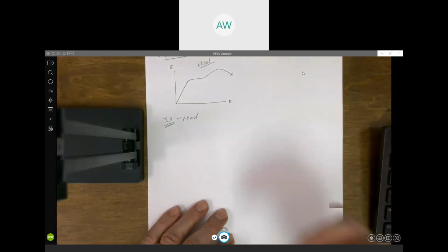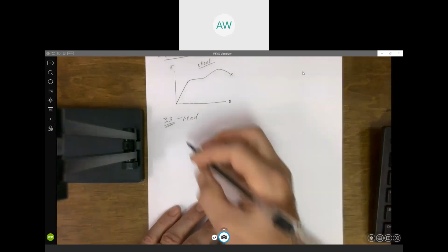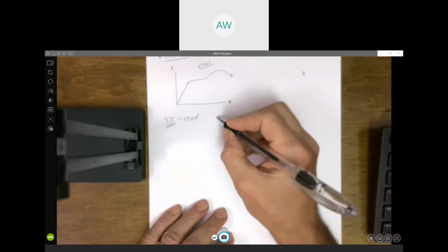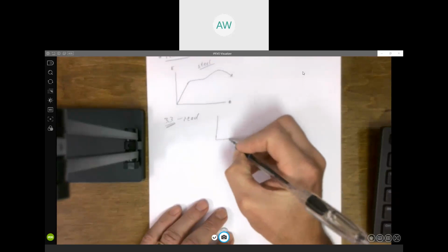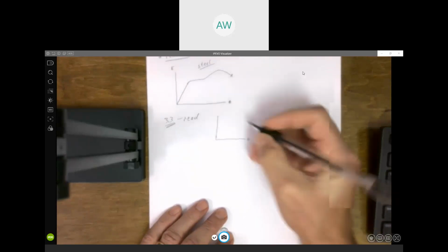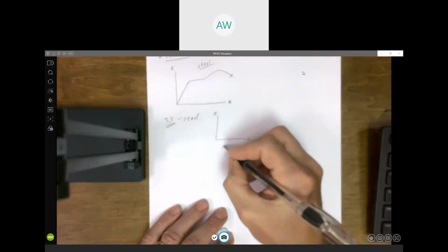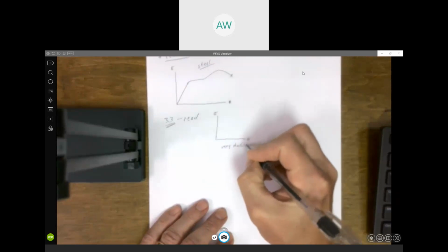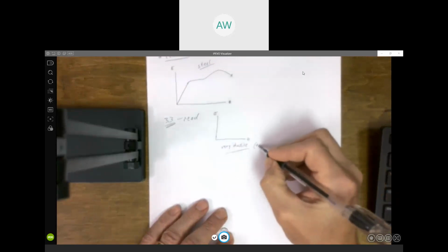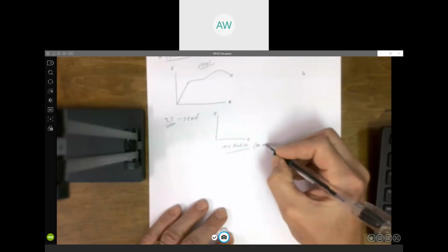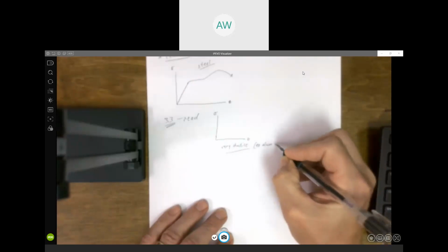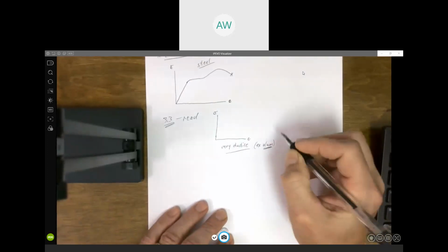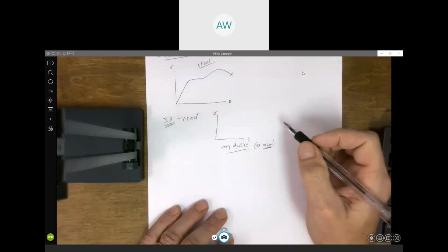So in other words, if you had a material that was very ductile, an example might be to some extent aluminum. Aluminum is much more ductile than steel, right?